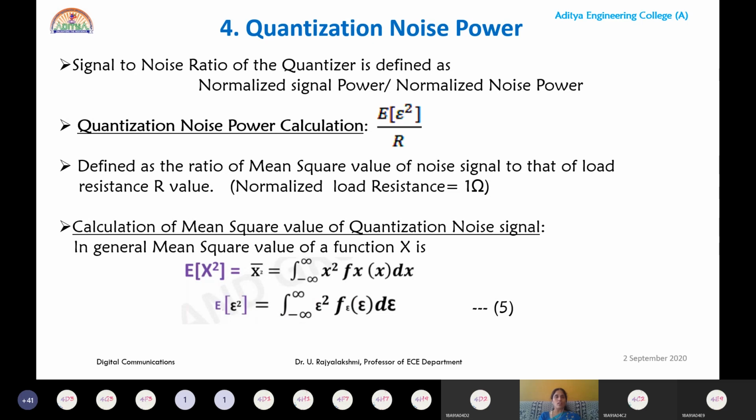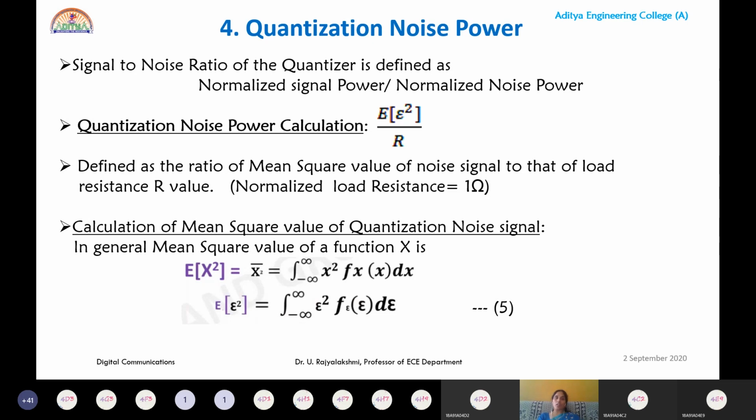Now, for some time, please keep the numerator aside. First of all, let us calculate the denominator. What is the denominator in the SNR? Normalized noise power.